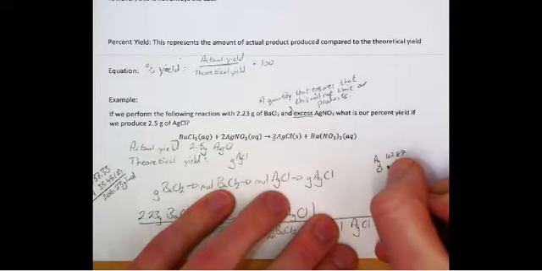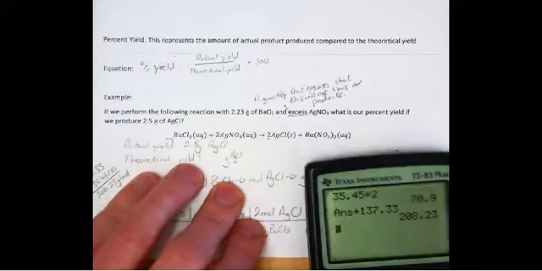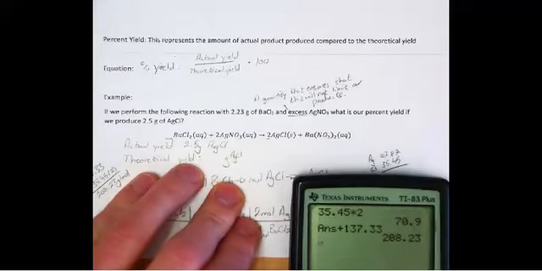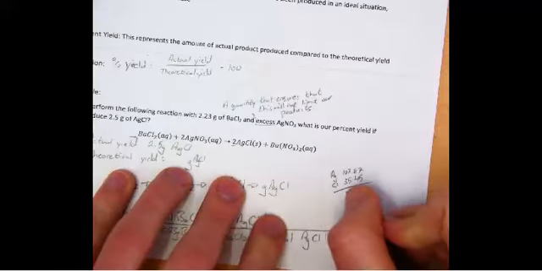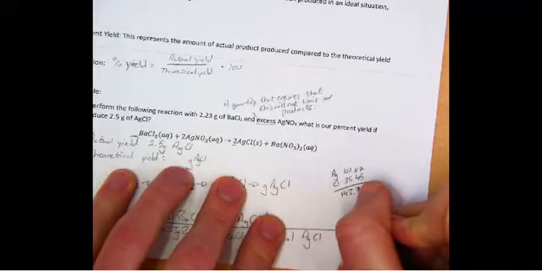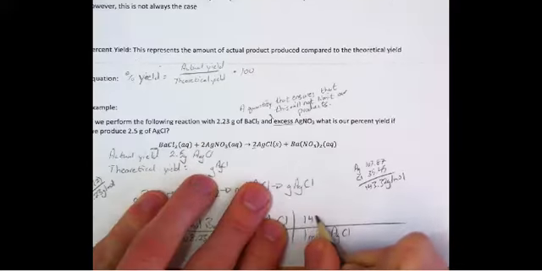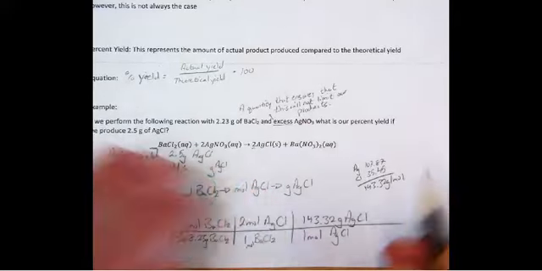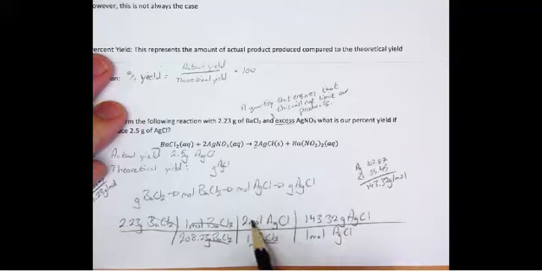Chlorine, 35.45. Add those up. 143.32 grams per mole. 143.32 grams silver chloride. Again, our units: grams of barium chloride, moles of barium chloride, moles, and we're left with grams of silver chloride.